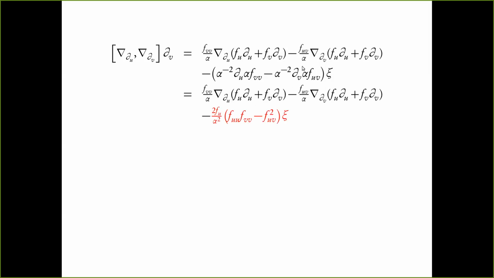I'm claiming that this term here, when you compute del u of this function minus del v of this function, it's a couple of lines, one for each of the terms, and it simplifies to this term. This is in red because it's a simple computation that you should check. So you basically get a term which should be familiar looking. Namely, if you have dealt with the Hessian of a function, then this is the determinant of the Hessian, right?